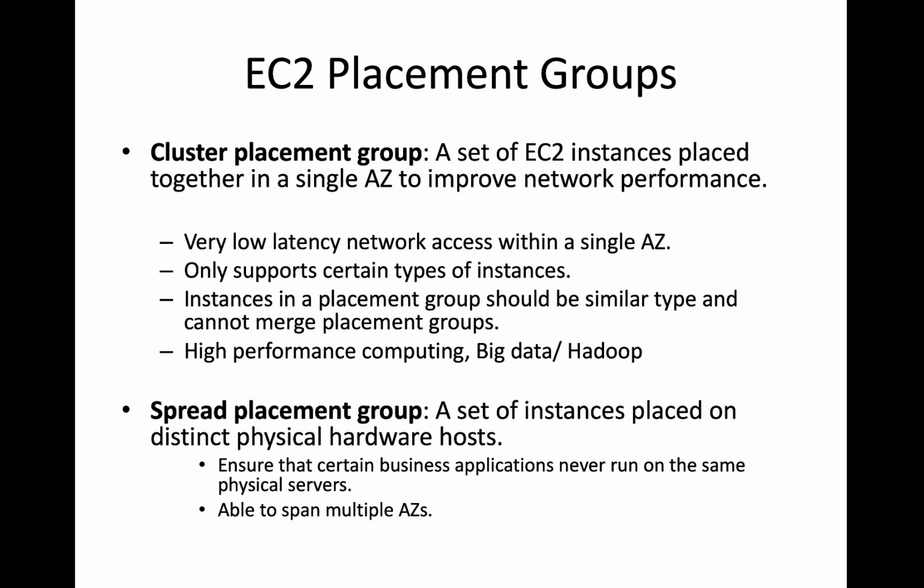And the idea here is that you might have a software application or a platform which is going to require multiple EC2 instances, and you want to ensure that those EC2 instances are placed close together in a single availability zone. And the purpose being that you want to minimize the network latency between those EC2 instances.